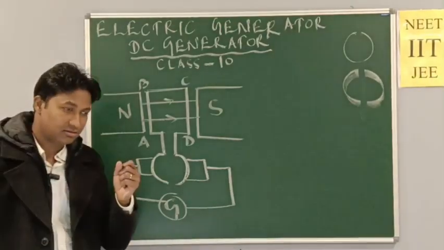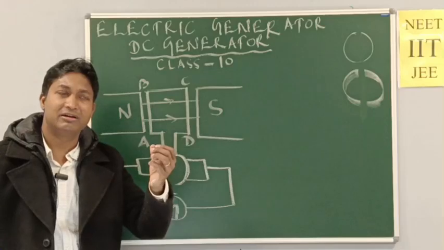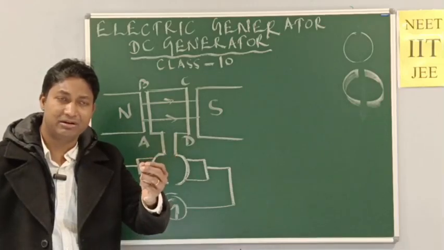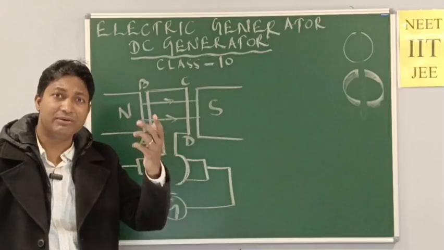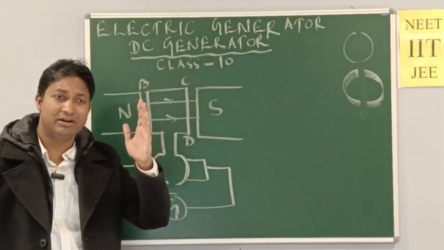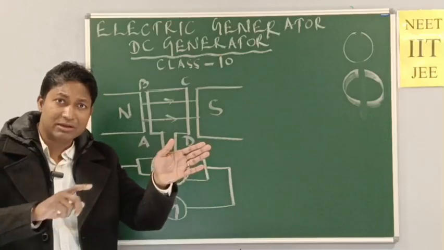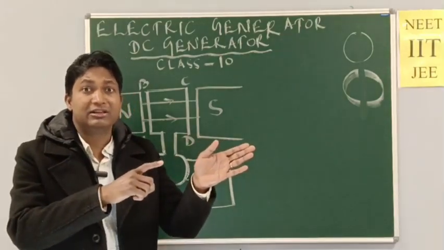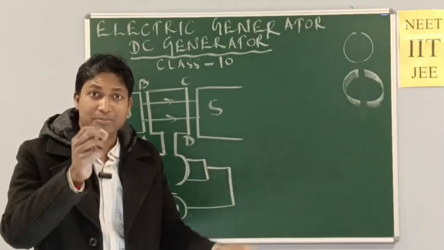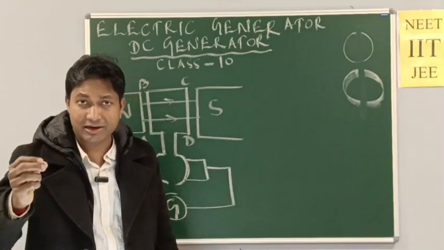See, make the figure, ask yourself, why a magnet? Magnet gives a magnetic field. Inside the magnetic field, what is the purpose? Why do we need a magnetic field? Then we should reply, inside a magnetic field, if a conductor rotates, then there will be an induced current by Faraday's law, or you can say electromagnetic induction.